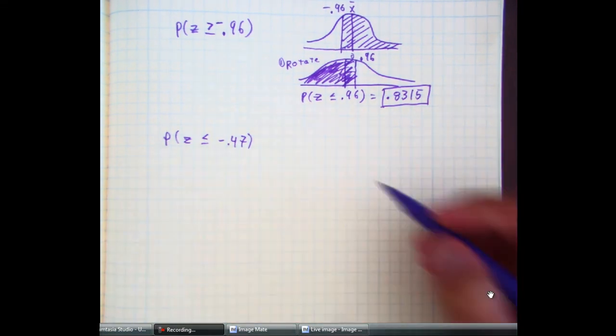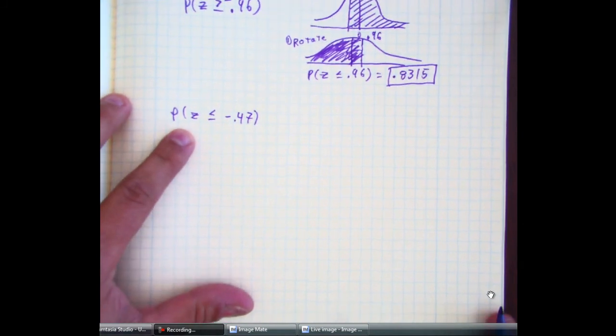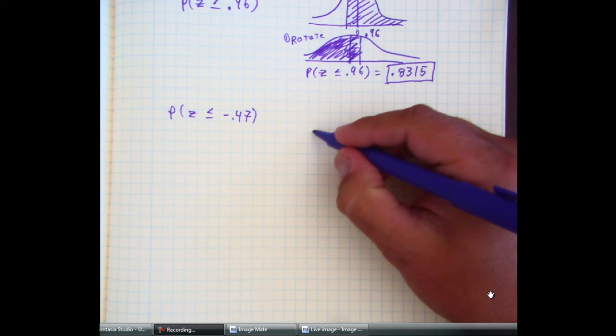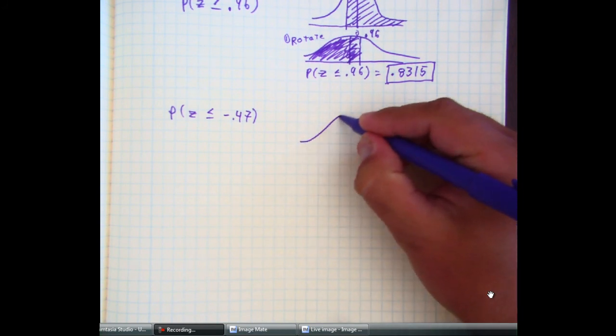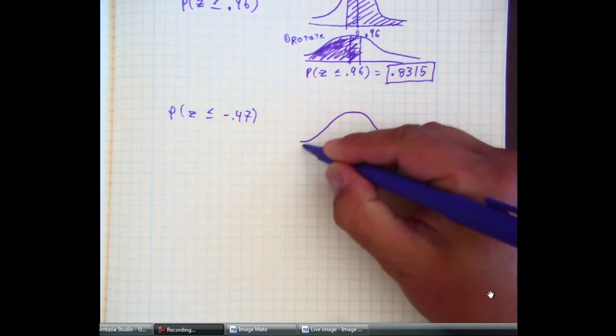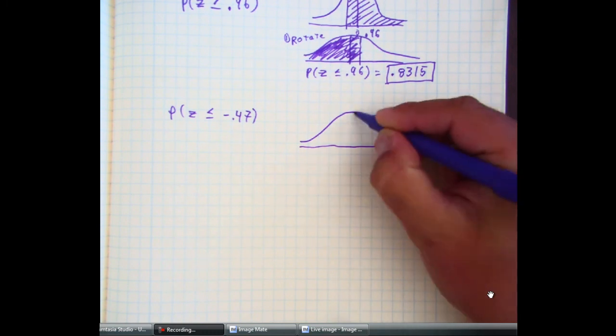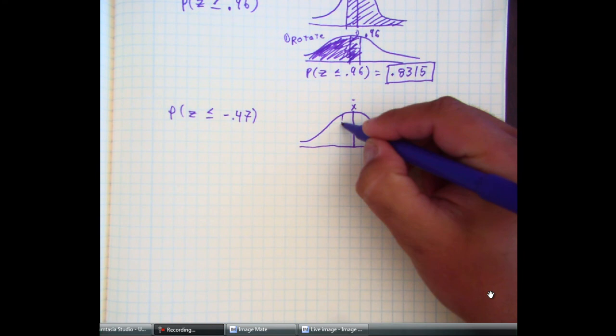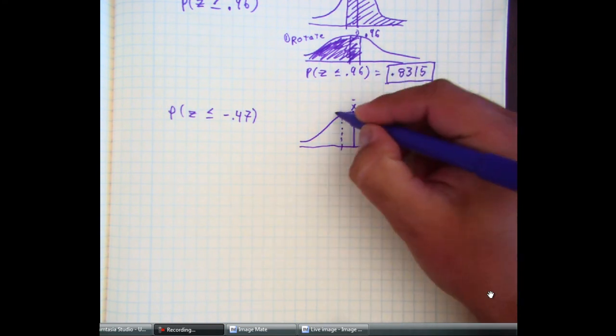The last case is going to be if you have z being less than or equal to negative 0.47. So again, we're going to draw the normal density function, put in our mean, put in where we think 0.47 is.